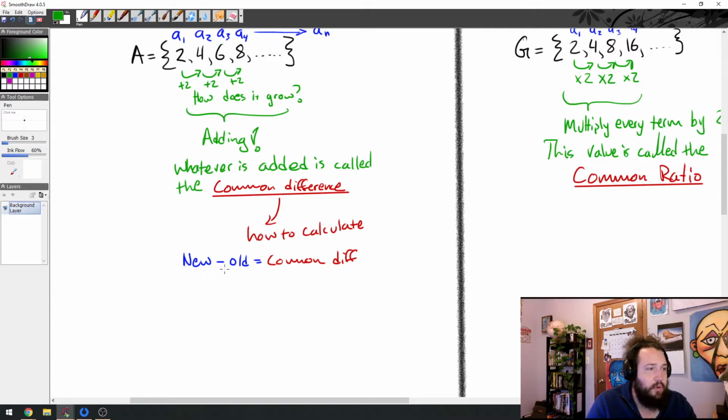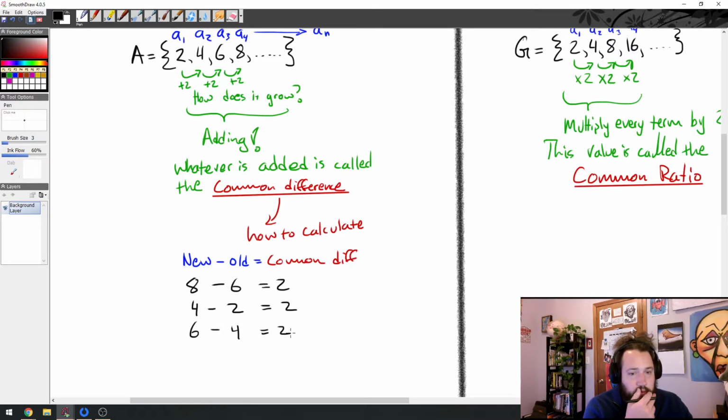For example, if I took my new term 8, the one right before it is 6, so 8 minus 6 is 2. Or I could take 4 minus 2, and that's also 2. Or 6 minus 4, that is 2. So I can do that to any of these.